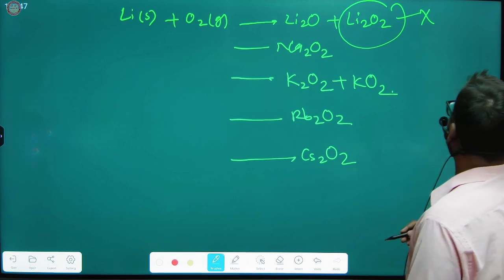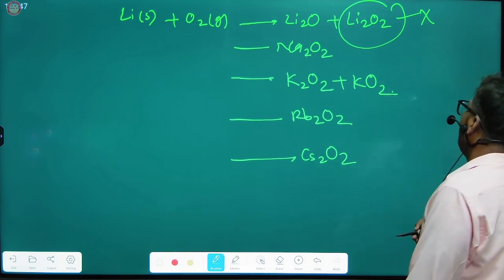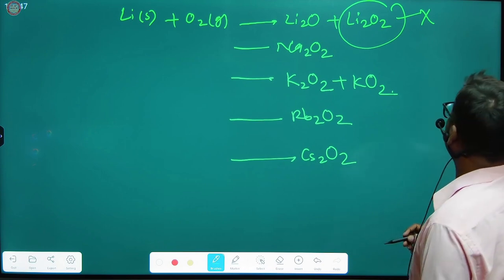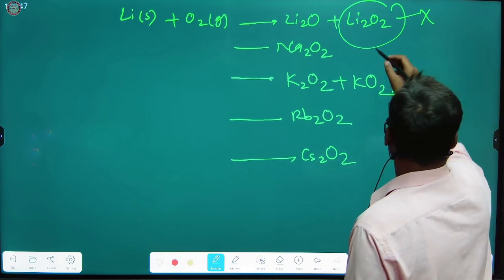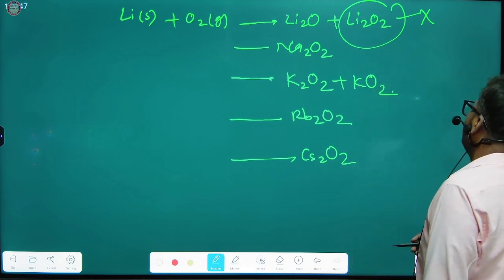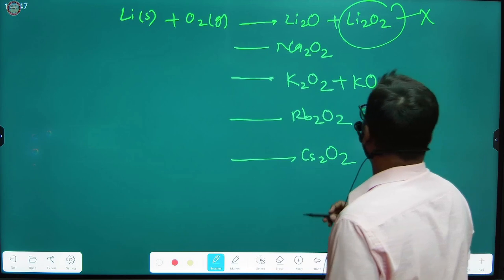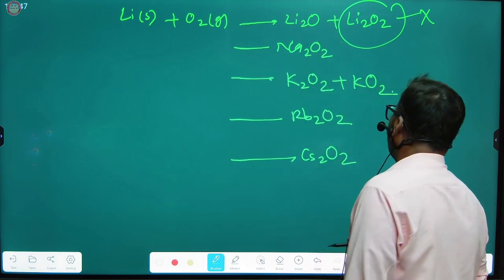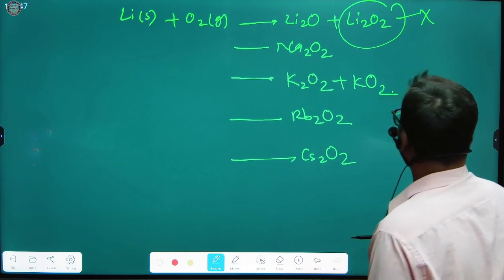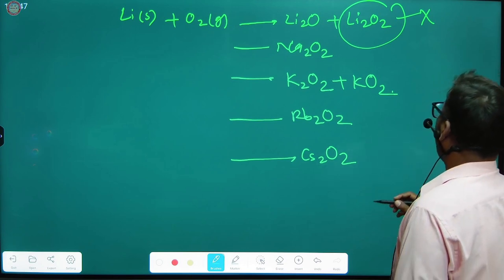Because the peroxide ion does not stabilize small and highly charged cations in the lattice, that is why this oxide does not exist in nature. But once we move from lithium onwards, sodium plus has a large size, so it will comparatively stabilize the peroxide ion.